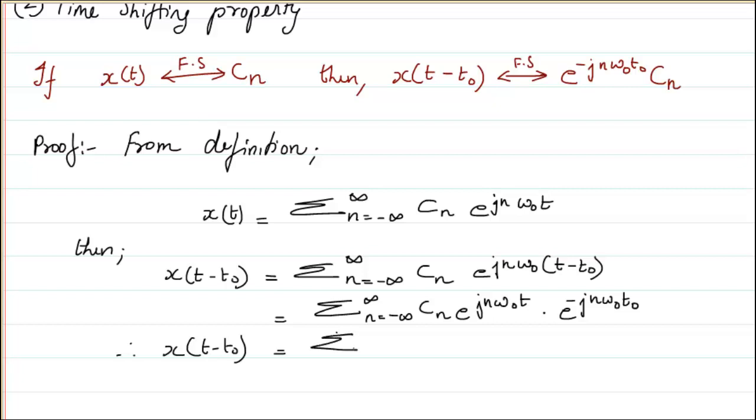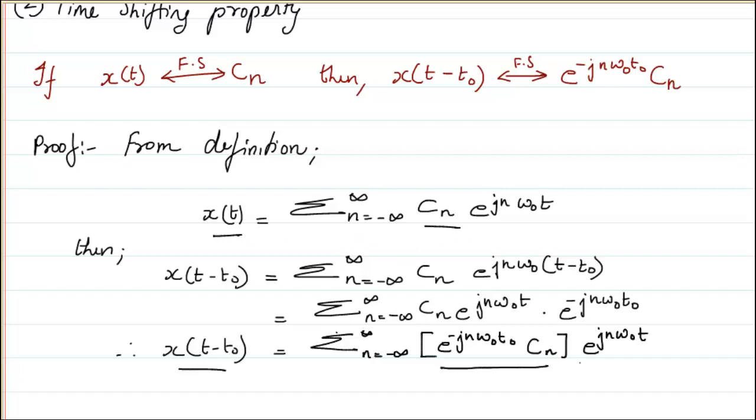So I will basically get summation n equals minus infinity to infinity, with e raised to power minus j n omega naught t naught with Cn multiplied with e raised to power j n omega naught t. So now you can see, instead of Cn for x of t, for x of t minus t naught it is this function. Hence this is proved.